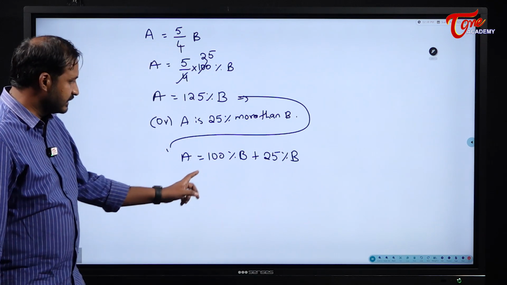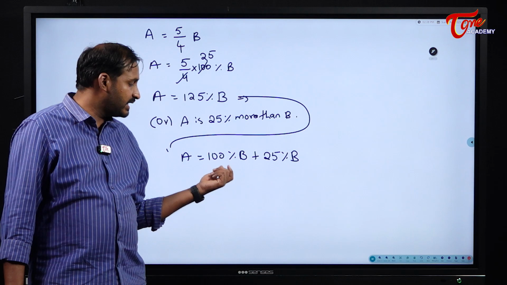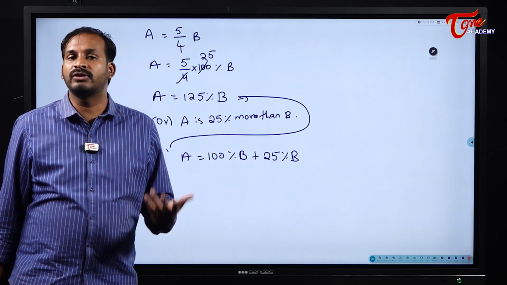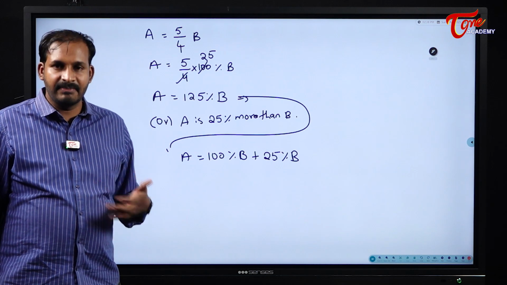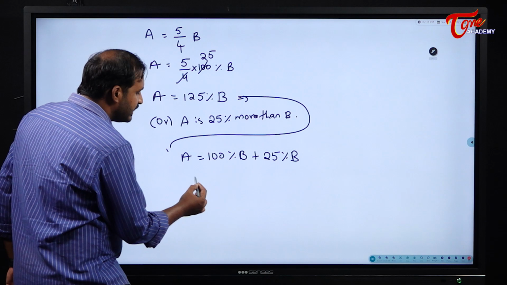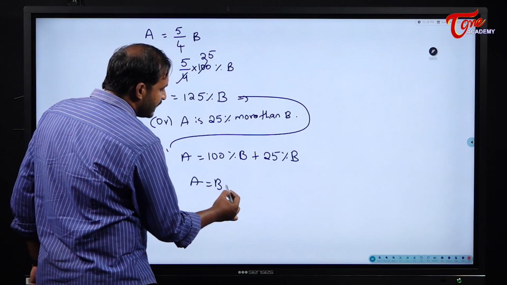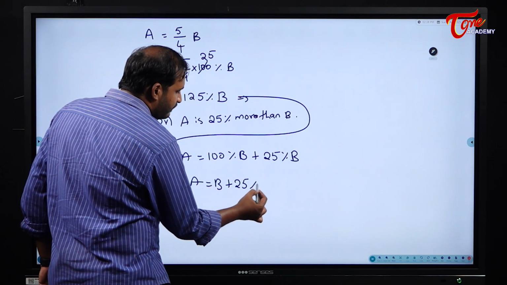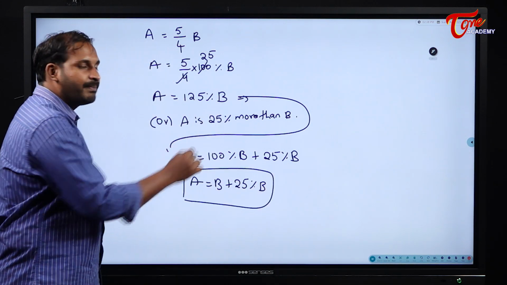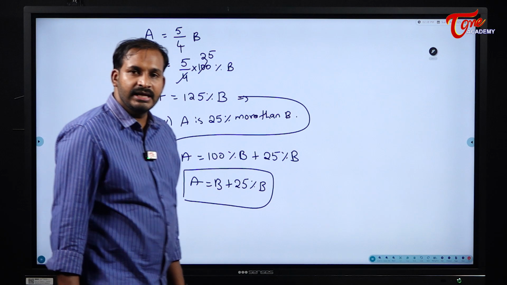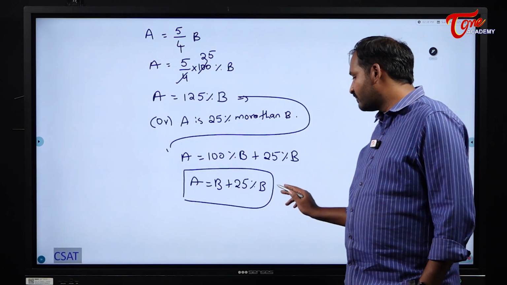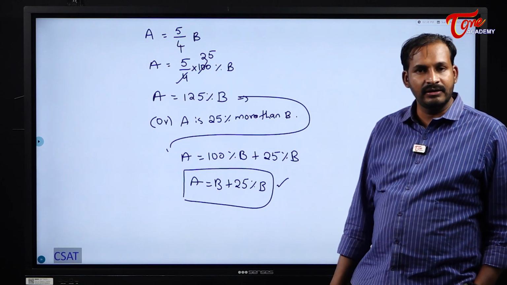Because I am splitting 125 as 100 and 25. 100% of B or B, both are the same. So I can write A is equal to B plus 25% of B. That means A is 25% more than B.